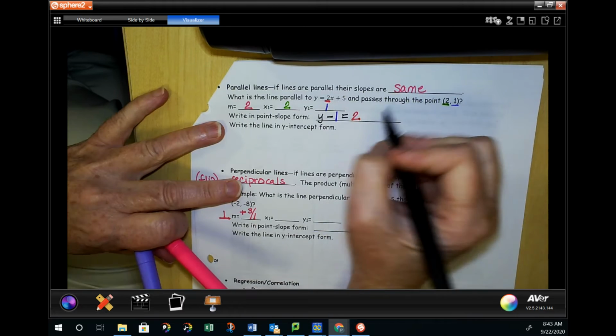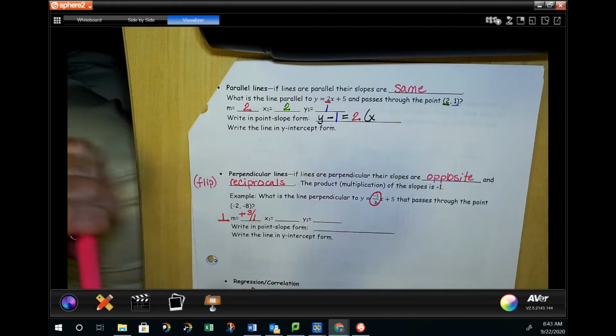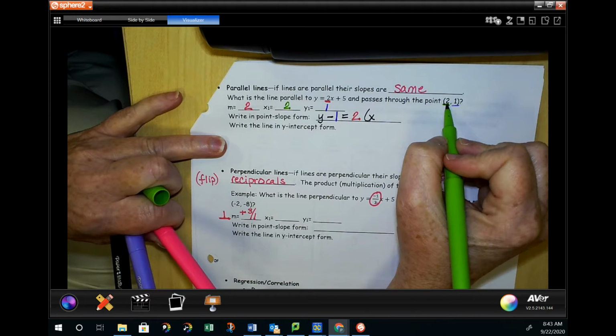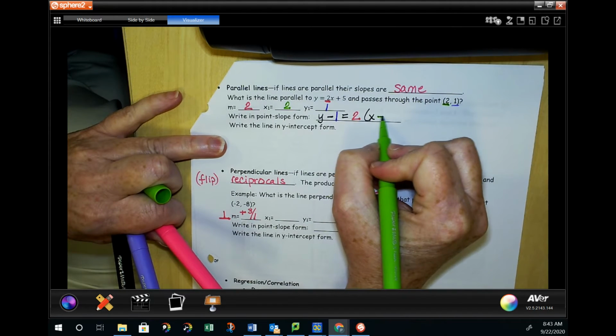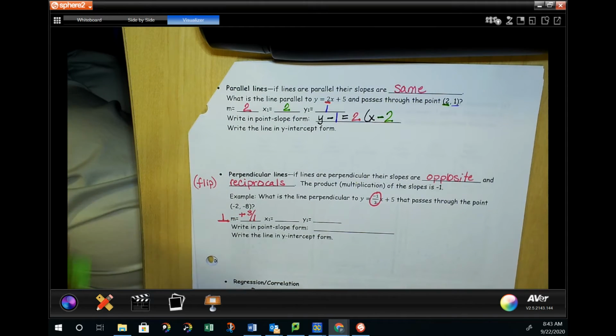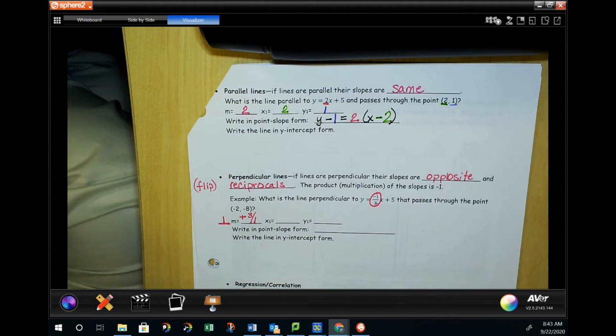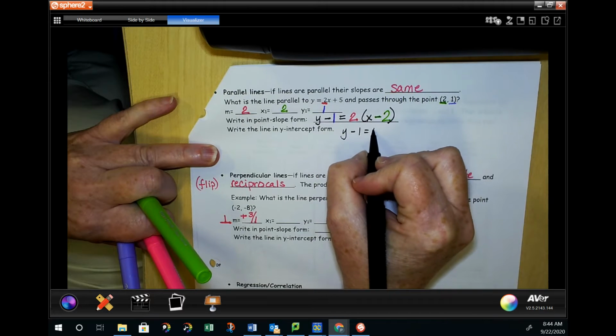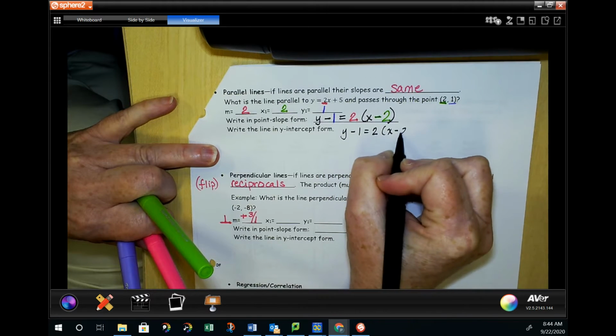And then it's going to be x, and then the opposite of my x1. x1 is positive 2, so the opposite is minus 2. And so that's in point slope form. And then you just got to write it in y-intercept.